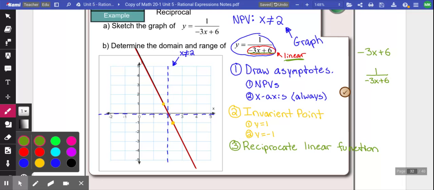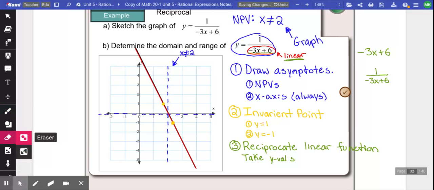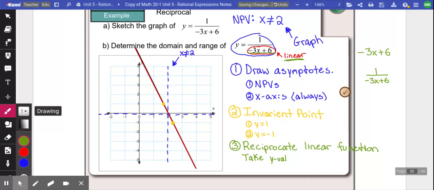So to reciprocate a graph, you take y values and reciprocate them. So for instance, pick a point on that original graph. I'm going to pick right here.